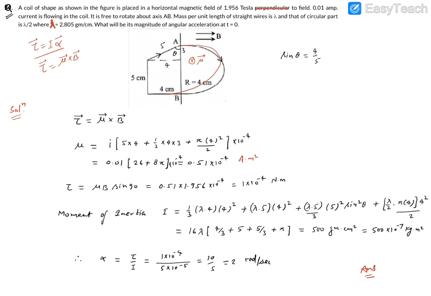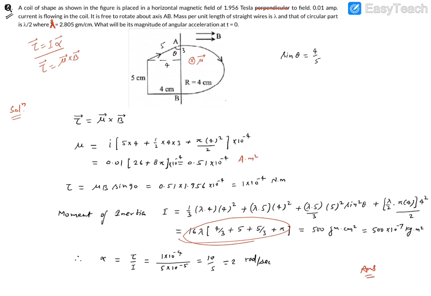And then this is a semicircular portion, so about this axis it is going to be m r square by 2. For m here, the mass per unit length is lambda by 2 and the circumference of the periphery is going to be pi r, and the radius is r, so we can use this expression.